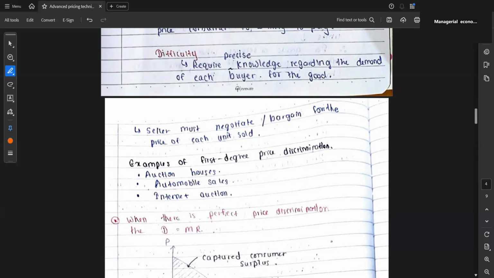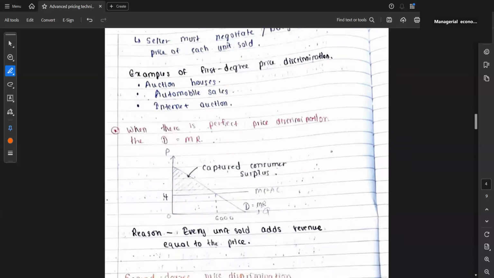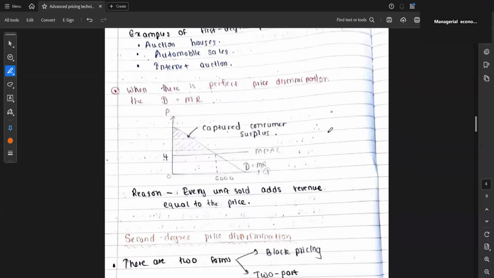Then, when there is perfect price discrimination, the demand curve will be equal to the marginal revenue curve. The reason being that every unit sold adds revenue equal to the price.